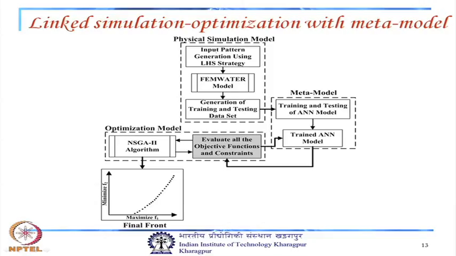So, what is there in the linked simulation optimization with meta model? We have the physical simulation model here, the meta model here, and the optimization model here. From the simulation model we can generate input patterns using Latin hypercube sampling.